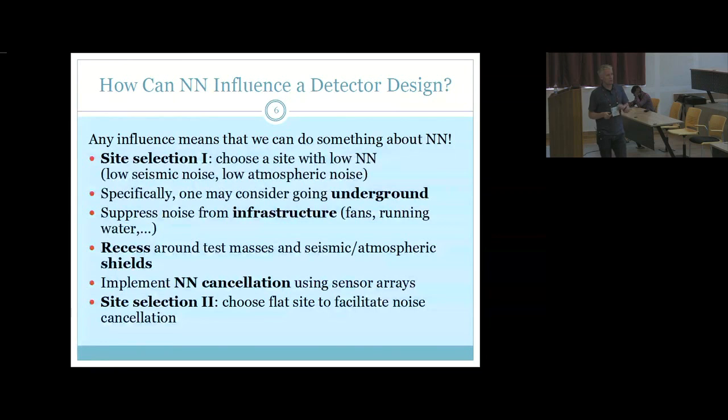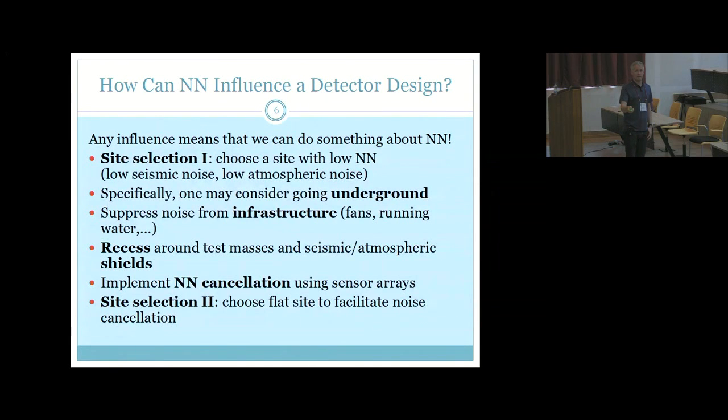Then you use the data from these sensors to produce a coherent estimate of your gravity noise. One way to translate your sensor data into an estimate of the gravity fluctuations would be to use Wiener filters. Then you subtract that estimate from your data, and that way you suppress Newtonian noise.